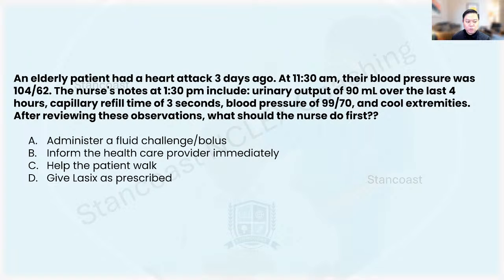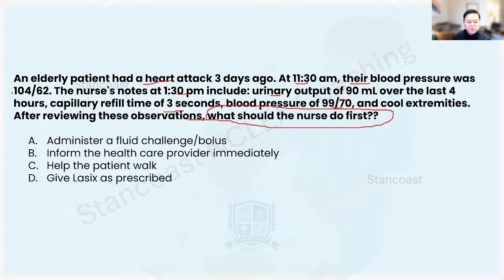Don't forget that you're being asked what would be your initial action. Heart attack 3 days ago, right? Their blood pressure was 104/62 at 11:30 a.m. And at around 1:30 p.m., the nurse's notes reveal urinary output of 90 mLs over the last 4 hours, cap refill of 3 seconds, blood pressure of 99/70, and cool extremities.